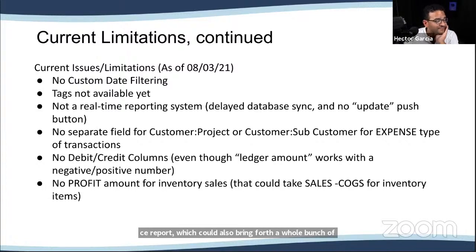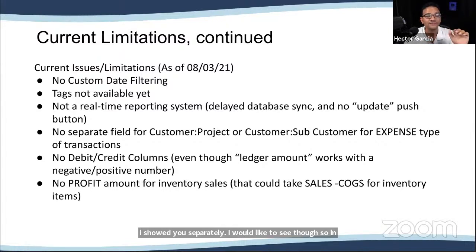The other thing that I think it should have is a profit amount. If you've got inventory sales, and QuickBooks knows the profit at the invoice level or at the line item level, it would be nice to have profit on inventory items, so I don't have to see the income side and the COGS side and do all those workarounds that I show you separately. I would like to see those.